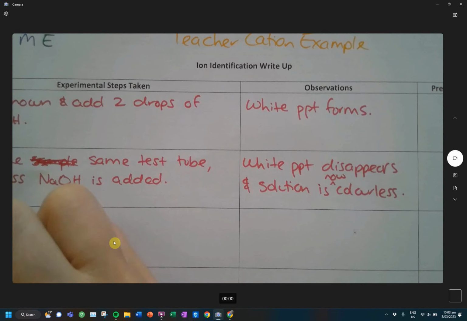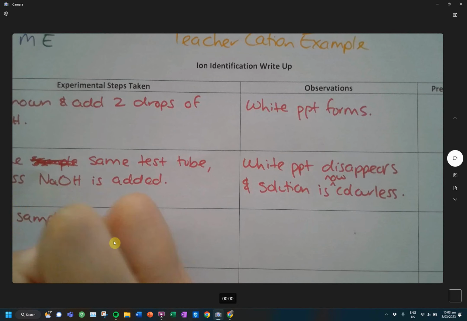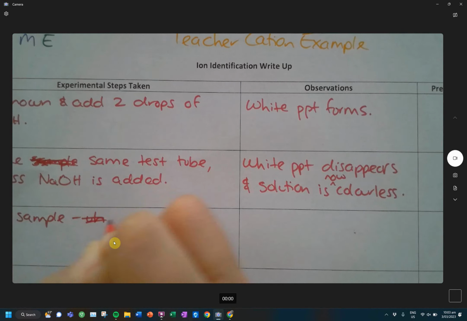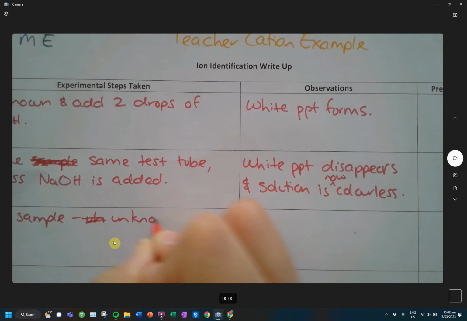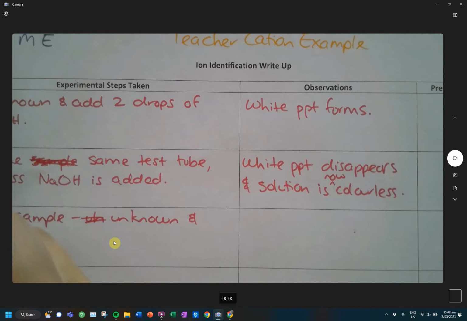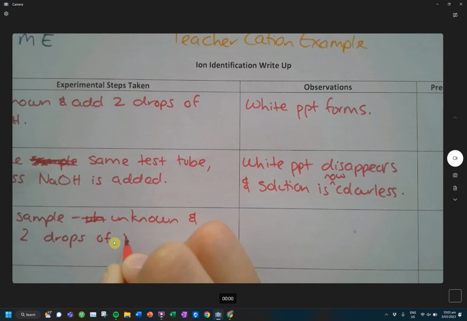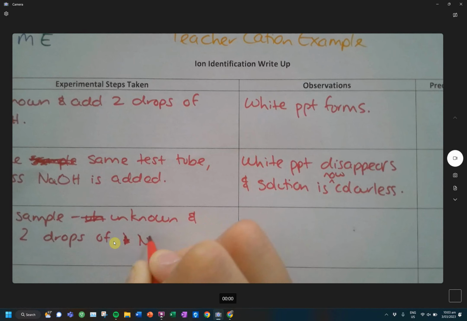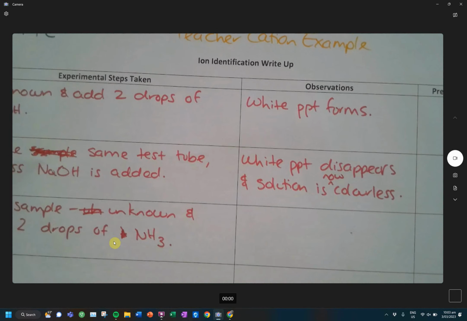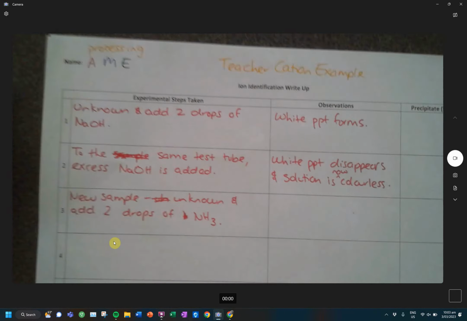So we have a new sample. We take the unknown and add 2 drops of ammonia in this case. So that's NH3. Sorry, let me zoom out so you can see the whole thing.